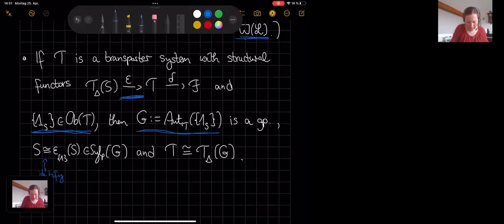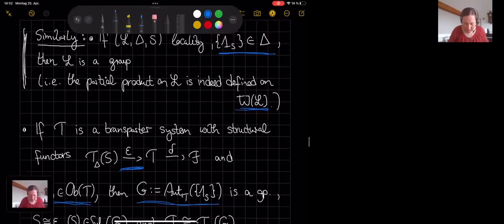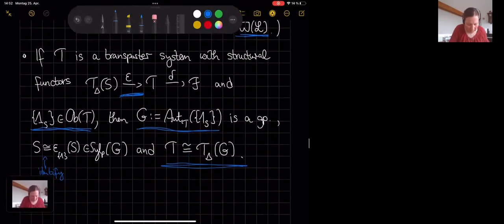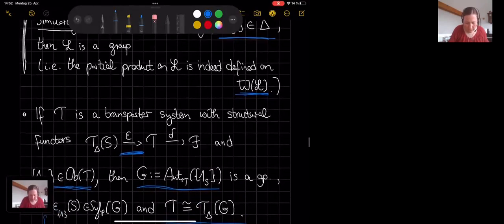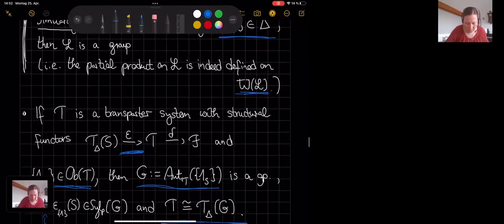And then if I identify S with a subgroup of G, then I get that this transporter system is actually isomorphic to T delta of G. So in that way, one sees that basically if the identity subgroup is an object in a locality or a transporter system, then this locality or transporter system more or less corresponds to a group.